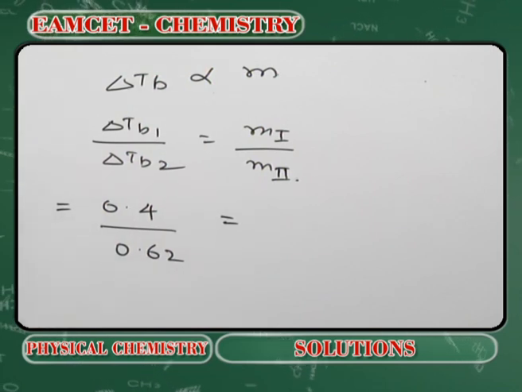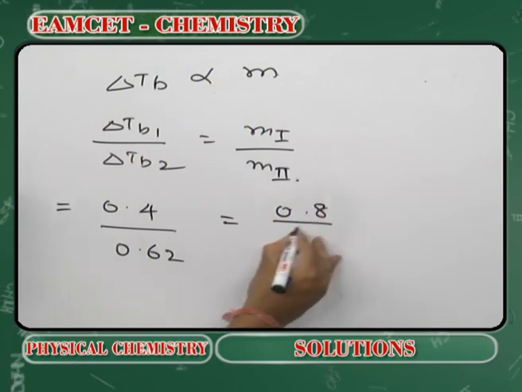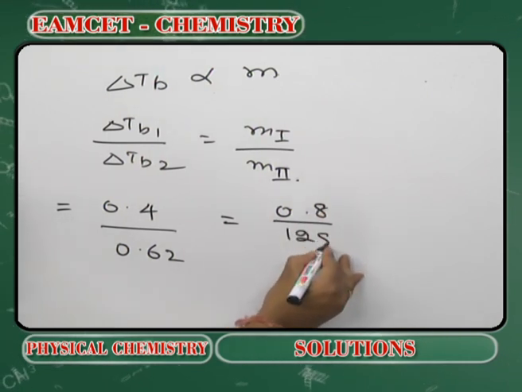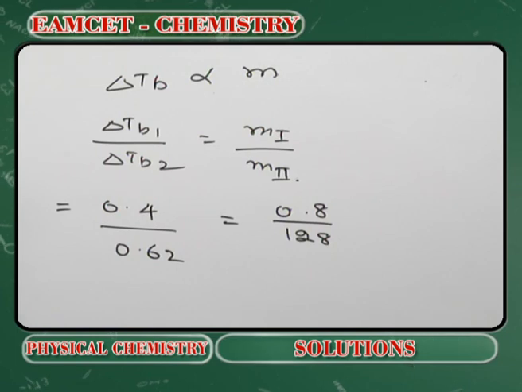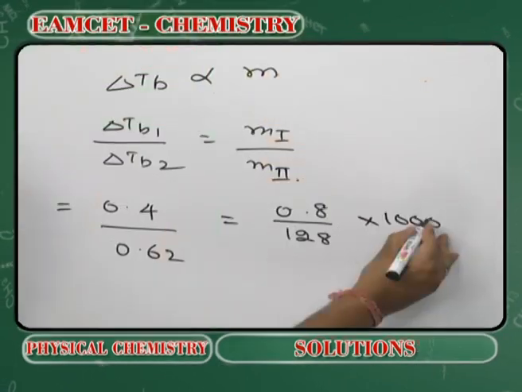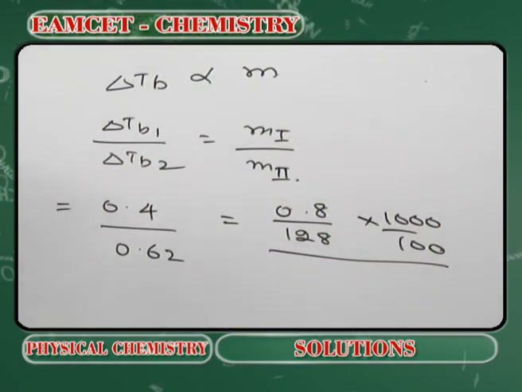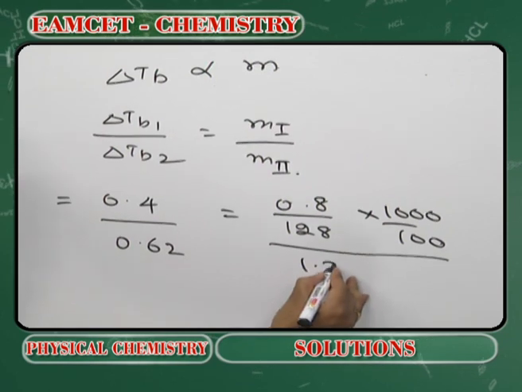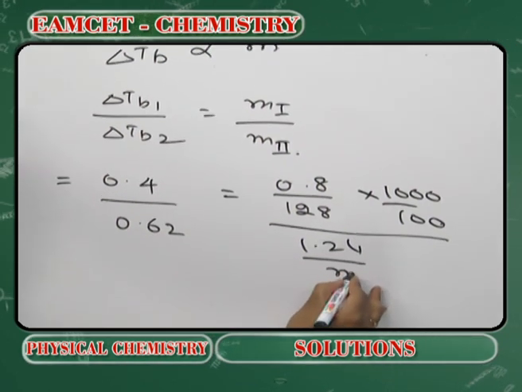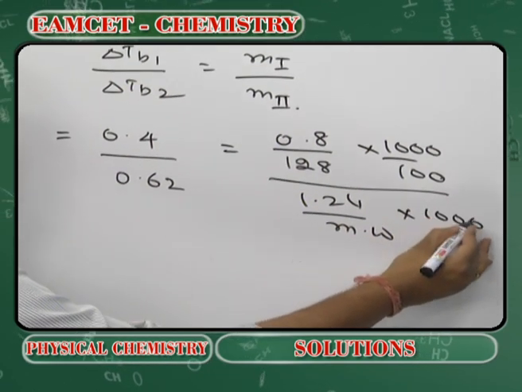What is the way to calculate the molality? 0.8 grams of naphthalene, 0.8 by the molecular weight of naphthalene, which is 128, into 1000 by 100. For the second, the amount is 1.24 by molecular weight into 1000 by 100.